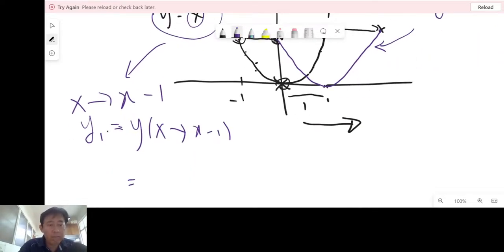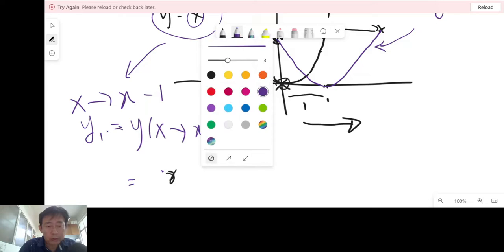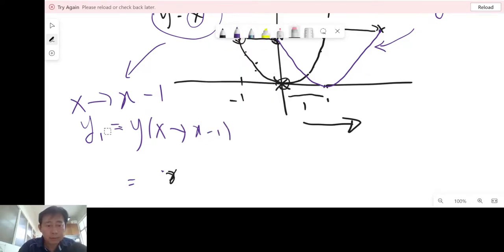So the function y is x squared, right? So if the x in x squared is to be replaced by x minus 1, what you actually do is that x squared is replaced by (x minus 1) squared.